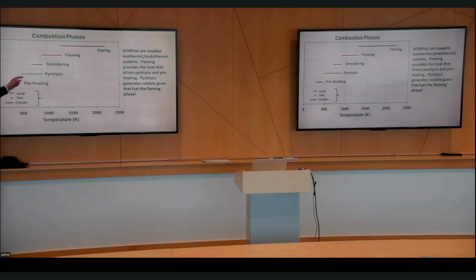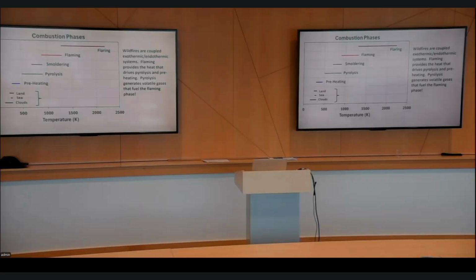And pyrolysis is actually vaporization of lignin and cellulose and other components of biomass. And it's at a lower temperature than the flaming. And so the flaming provides the heat that drives pyrolysis.